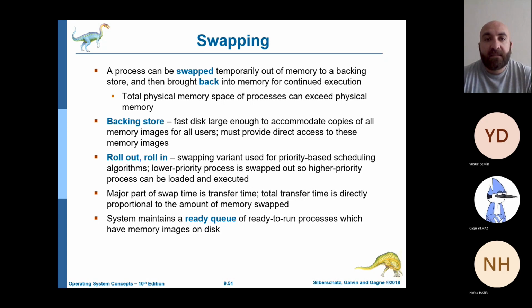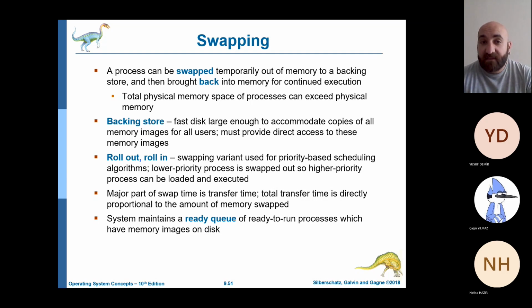Process instructions and the data they operate on must be in memory to be executed. We already know that. However, a process or a portion of a process can be swapped temporarily out of memory to a backing storage, secondary storage, and then brought back into memory for continued execution.